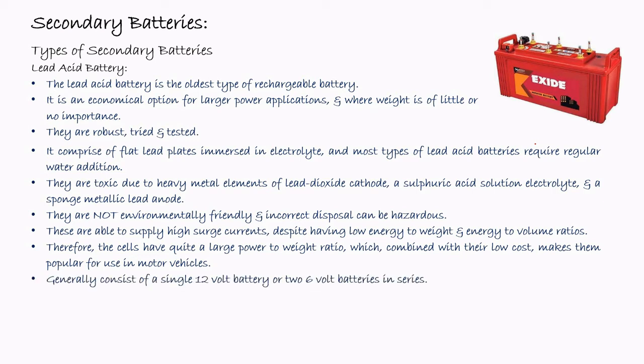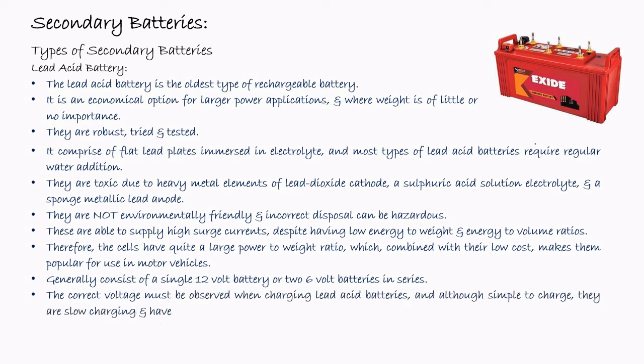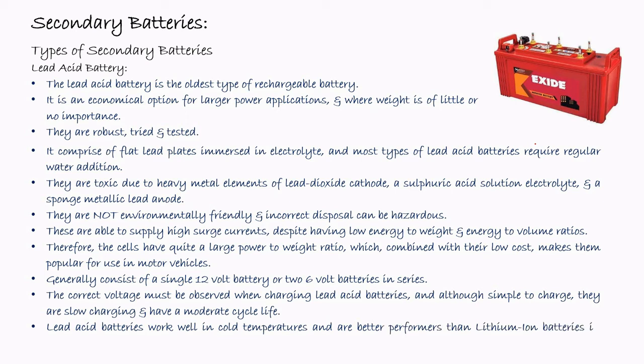Generally, it consists of a simple 12-volt battery or two 6-volt batteries in series. The correct voltage must be observed when charging the lead acid batteries, and although simple to charge, they are slow charging and have a moderate cycle life. Lead acid batteries work well in cold temperature and are better performers than lithium ion batteries in sub-zero conditions.